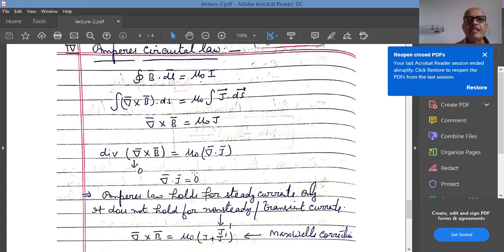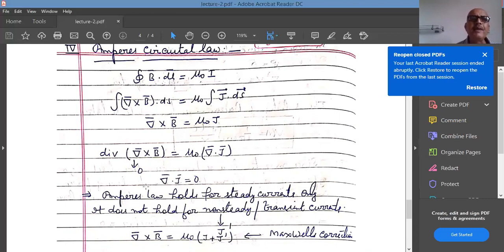If we want to satisfy that equation, then del Jx over del x, del Jy over del y and del Jz over del z must be separately equal to 0. What does it mean? Jx must be constant as a function of x, Jy must be constant as a function of y and Jz must be constant as a function of z.